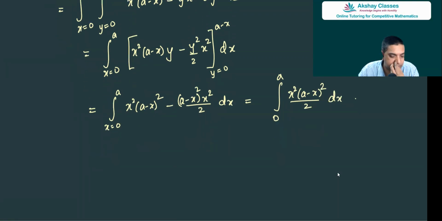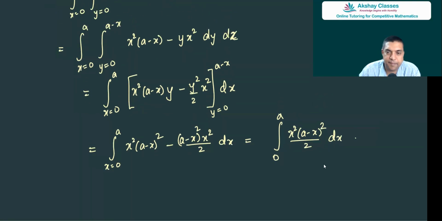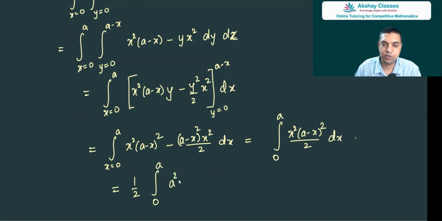Now we can integrate 1 by 2 integral 0 to a, a square x square minus 2a x cube plus x power 4 dx.